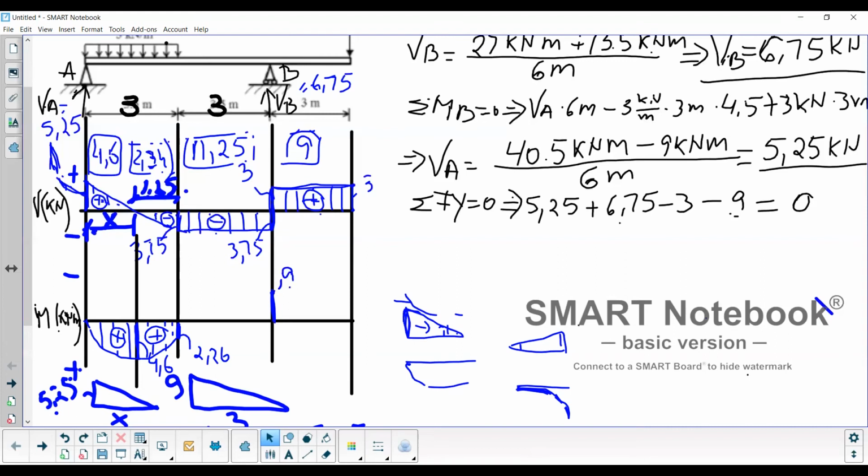So I'm just going to write approximately 9. And my diagram will look linear since the shear diagram is constant. My moment diagram is going to look linear. So I'm just going to go ahead and do that. Here we have a positive value, and here is our negative diagram.